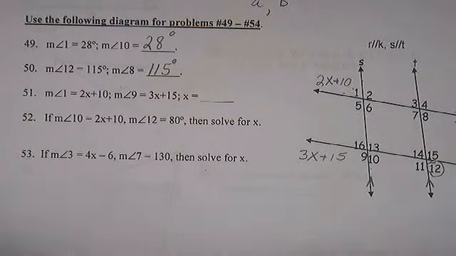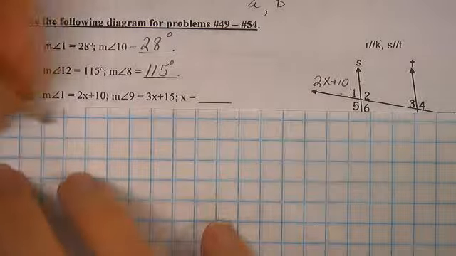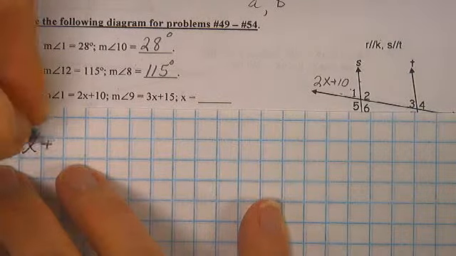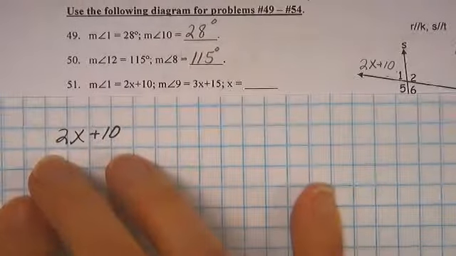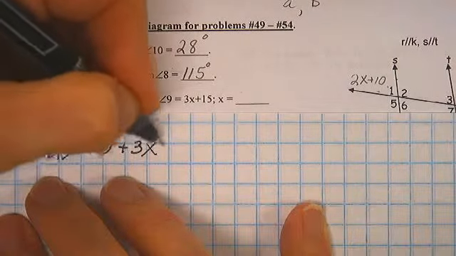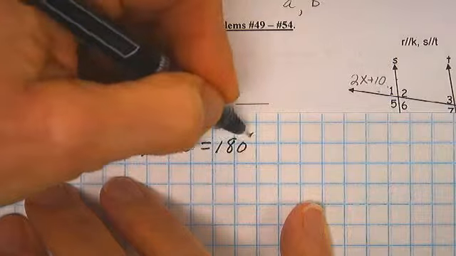And the equation is (2x plus 10), can you see that? Plus 3x plus 15 equals 180 degrees.